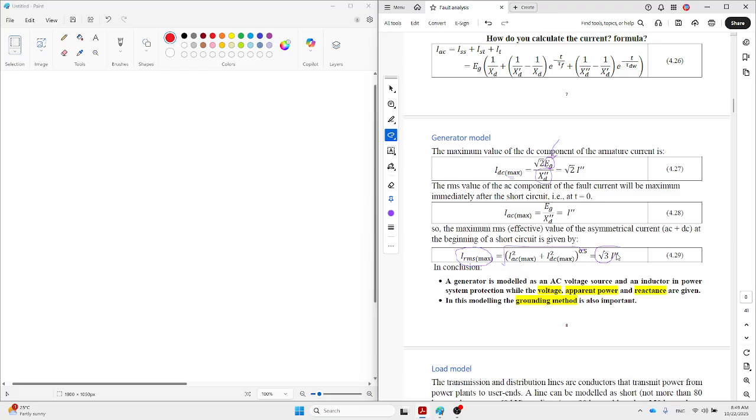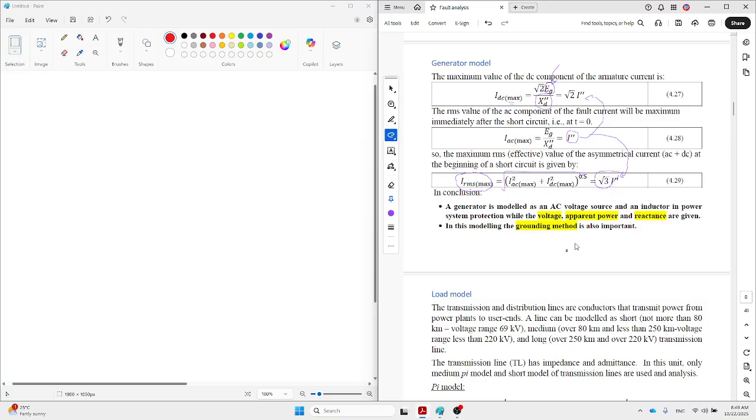So it is square root of 3 times ID double prime. So this is ID double prime. This is IDC, which is times square root of 2. This is IRMS, which is times square root of 3.